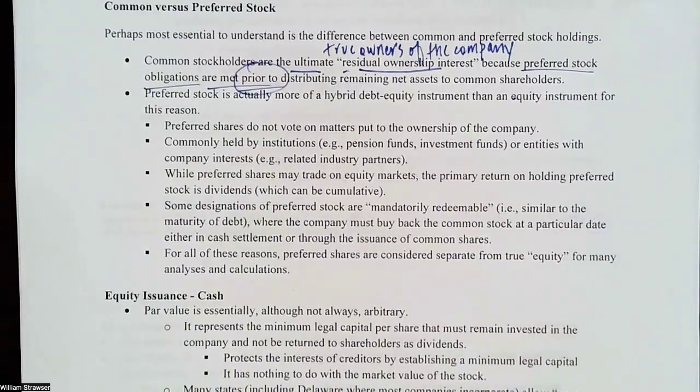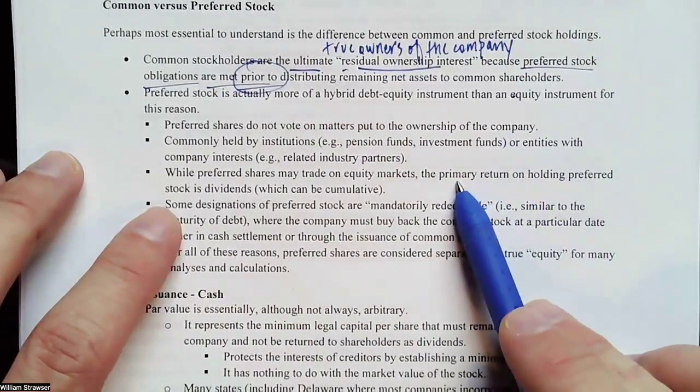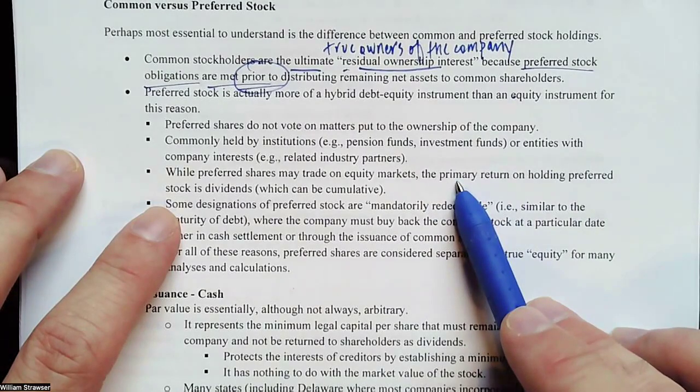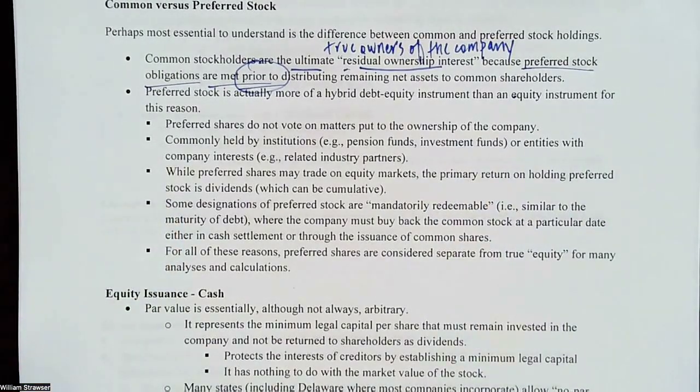While preferred shares trade on equity markets, usually they're private placements at the outset. But the bigger piece is that when someone's holding preferred shares, they're not in that engaged trading mode where they're buying and selling preferred shares on equity markets ad nauseum, like common shares are traded.